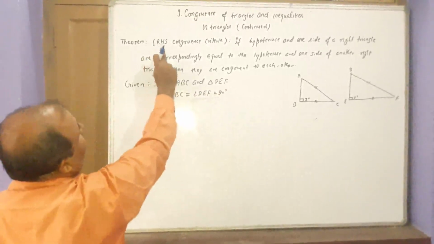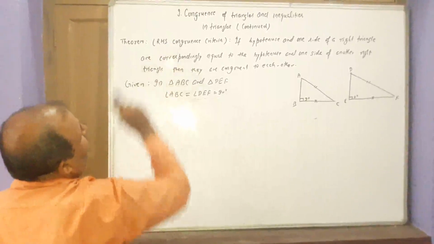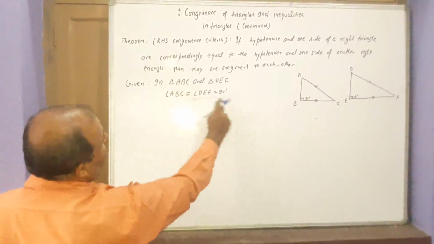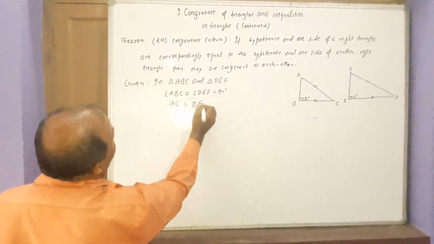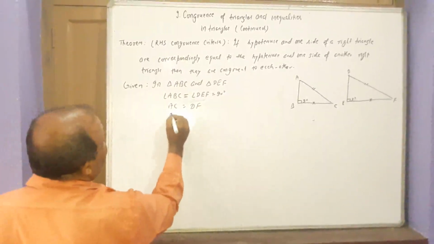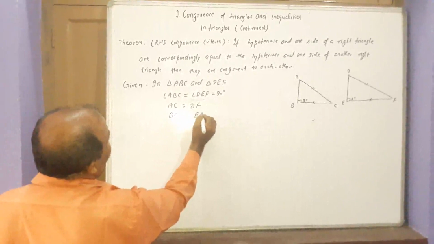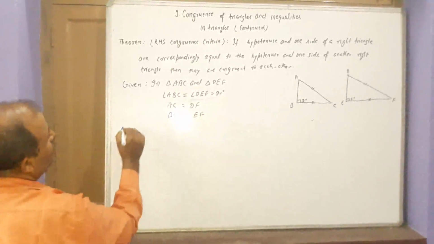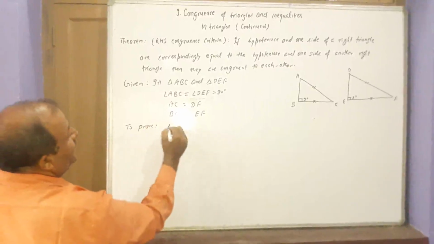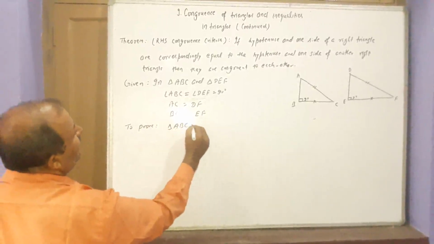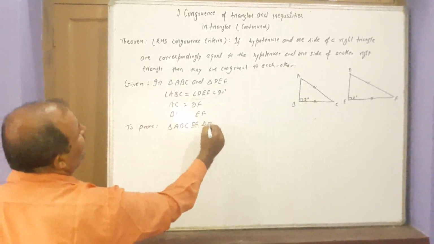RHS means right angle, hypotenuse, side. So this one is right angle, hypotenuse. AC is equal to DF and one side BC is equal to EF. These are given. To prove, साबित करना, triangle ABC congruent to triangle DEF.